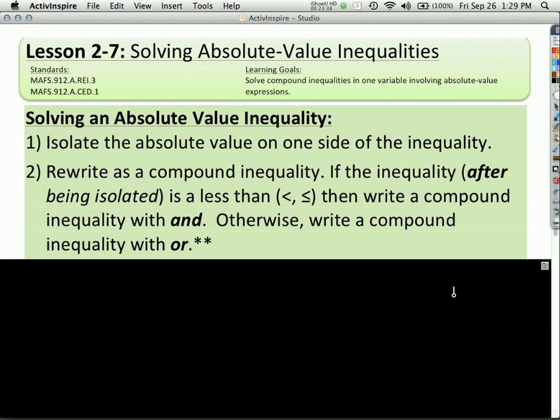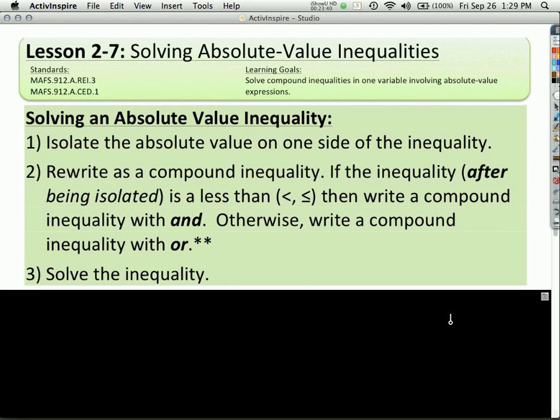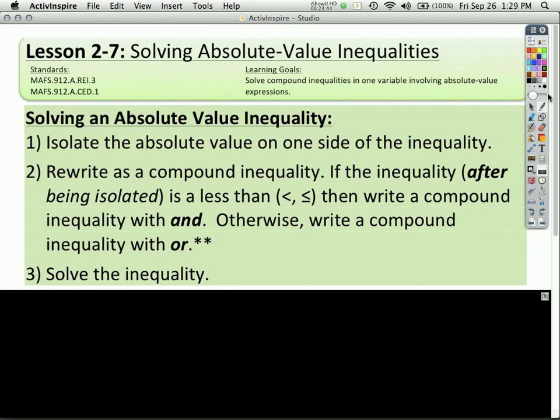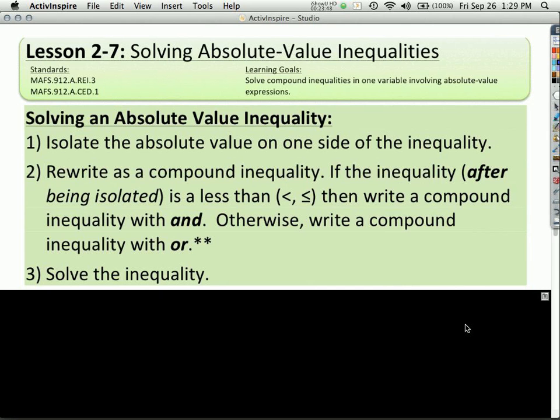Once we have it set up as a compound inequality, you solve the inequality. So steps 1 and 3 are not new. You already know how to do both of them. The only thing new today is step 2. And we're going to start our efforts by really working hard on step 2, and then we will do the entire process.